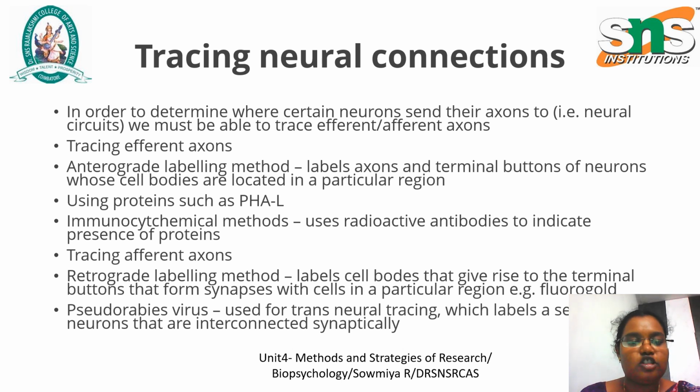Challenges and limitations. Tracing neural connections is a complex task with several challenges. The complexity. The brain is a highly interconnected network with billions of neurons and trillions of synapses. Tracing all these connections is a daunting task. Resolution.